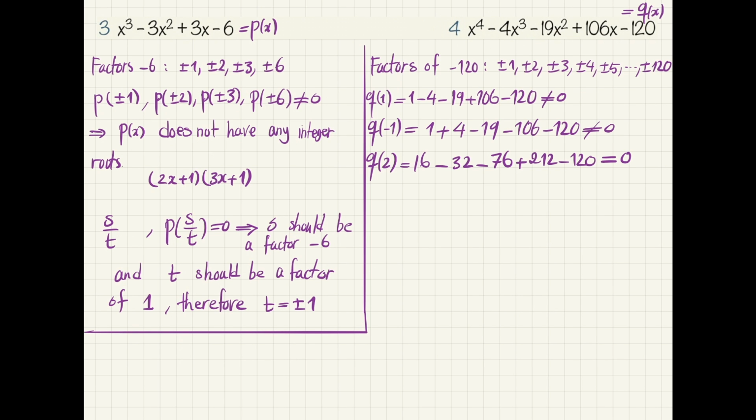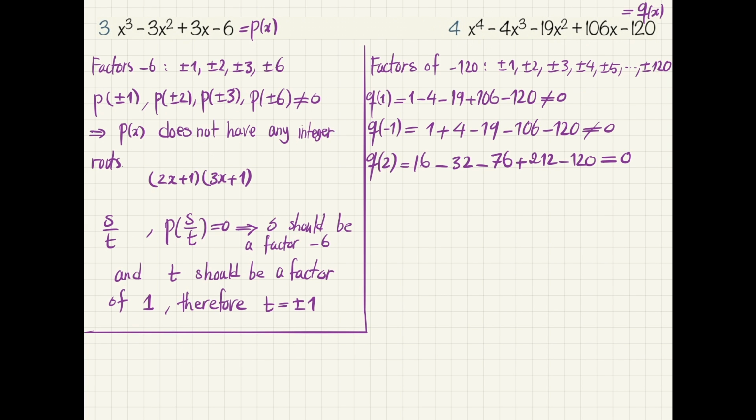Let me do it in another way. If you do this, then your quotient would be a third degree polynomial. Again, you need to do the same trick for that third degree polynomial to be able to factorize it if possible. So I'm not saying that this is wrong.